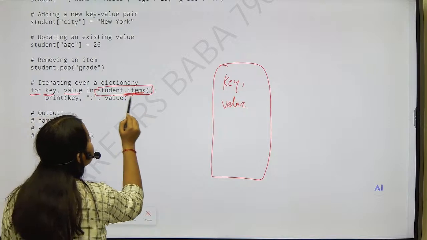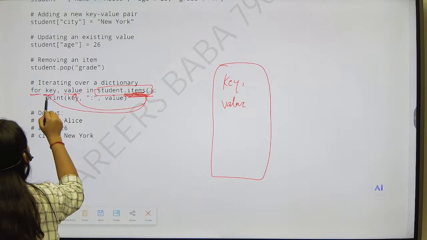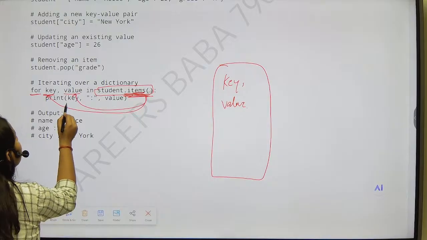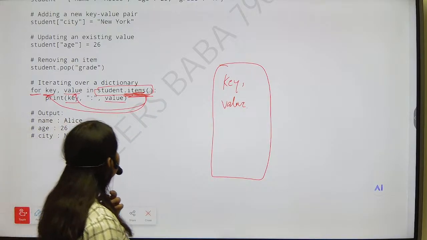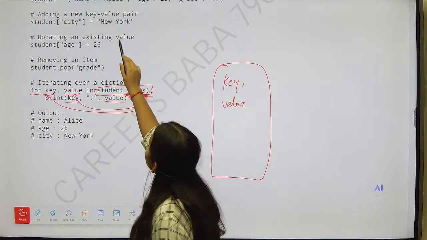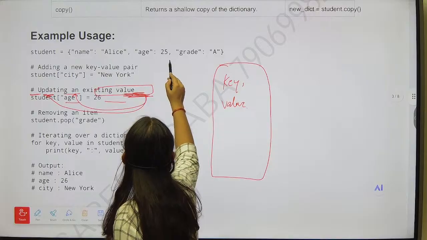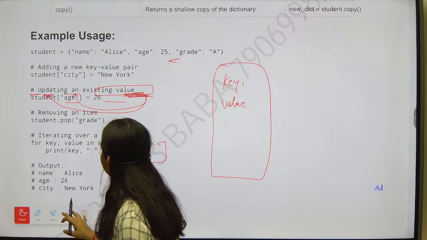So items is the collection, and the variables take values from these two, and that's why we can print this key and value pair. You can go to an online compiler or VS Code, create this student dictionary, iterate it and tell me what output is coming.